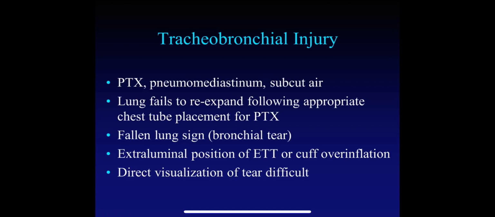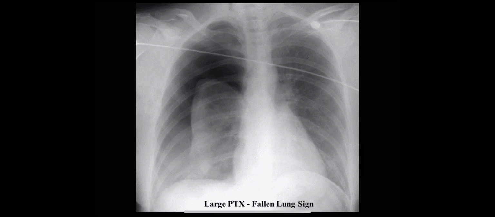If we see an extraluminal position of the endotracheal tube, that clearly means a tracheal tear. However, also look for cuff overinflation, which may suggest a tracheal tear. And also keep in mind that direct visualization of tracheobronchial tears is often quite difficult, and it's really the other findings that we look for and then a high suspicion for it.